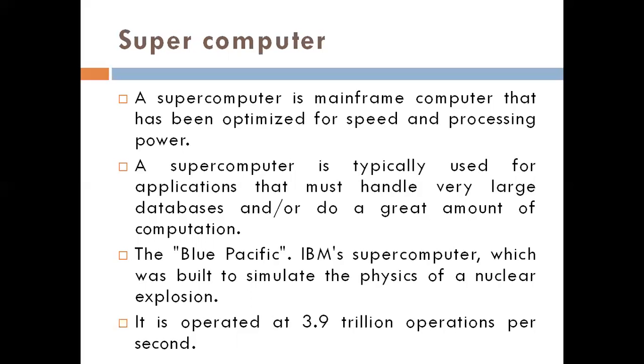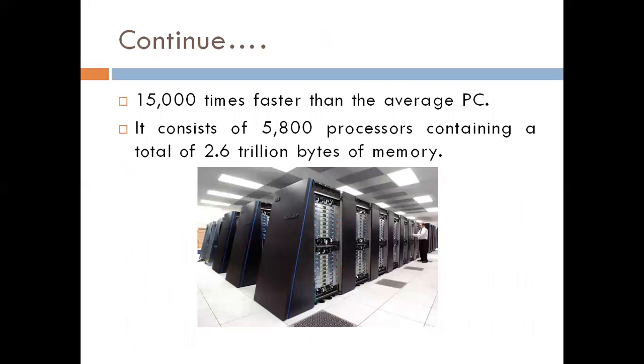Blue Pacific is IBM's supercomputer, which was built to simulate the physics of a nuclear explosion. It operates at 3.9 trillion operations per second. It is also 15,000 times faster than the average PC.